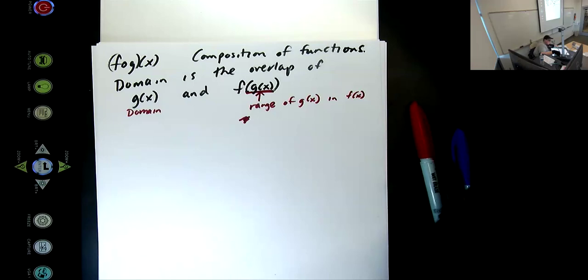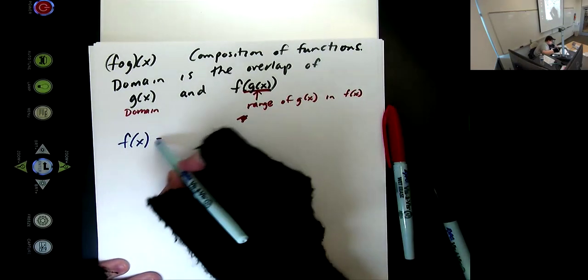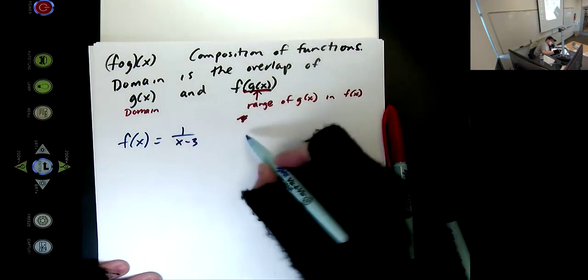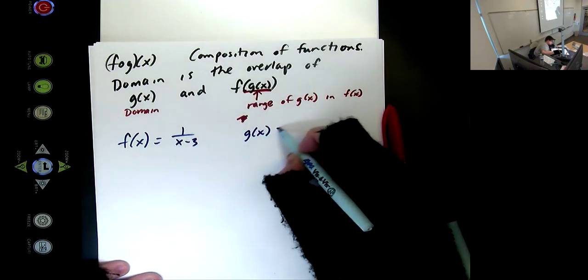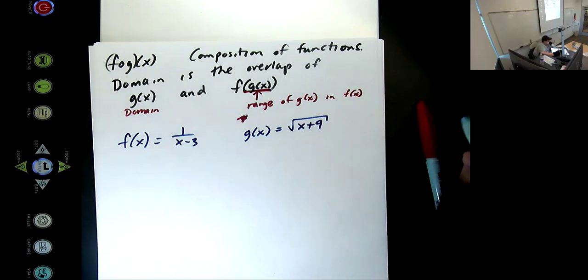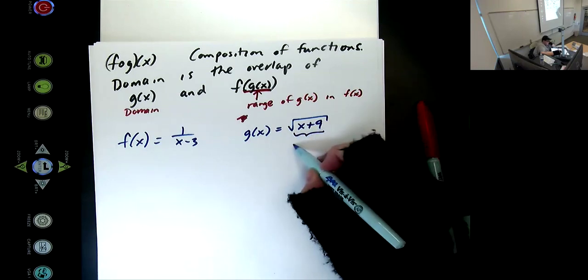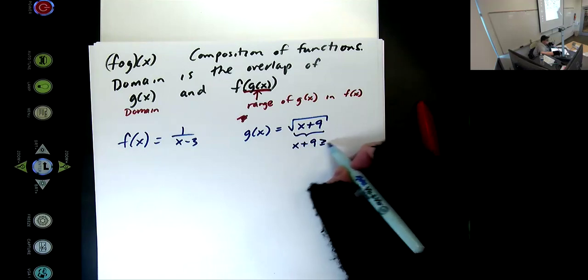We will continue with the example we just had. We had f of x equaled 1 over x minus 3. And we had g of x was the square root of x plus 9. And we argued this had to be non-negative, so greater than or equal to 0.